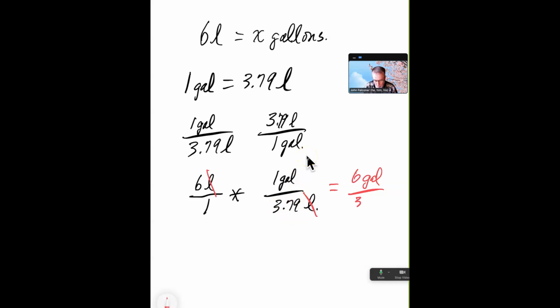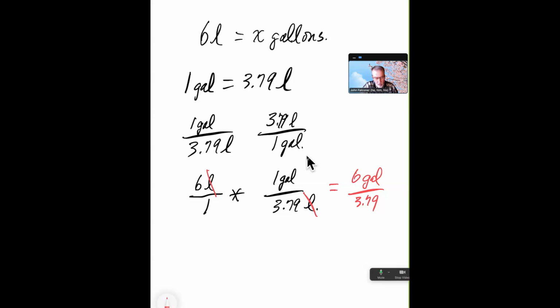So we've got 3.79, and this is where you can grab your calculator and be sure to clear it. And if you are getting ready to take the GED, use the TI-30XS if you can. And you can clear the screen, and then 6 divided by 3.79 should give you your answer.